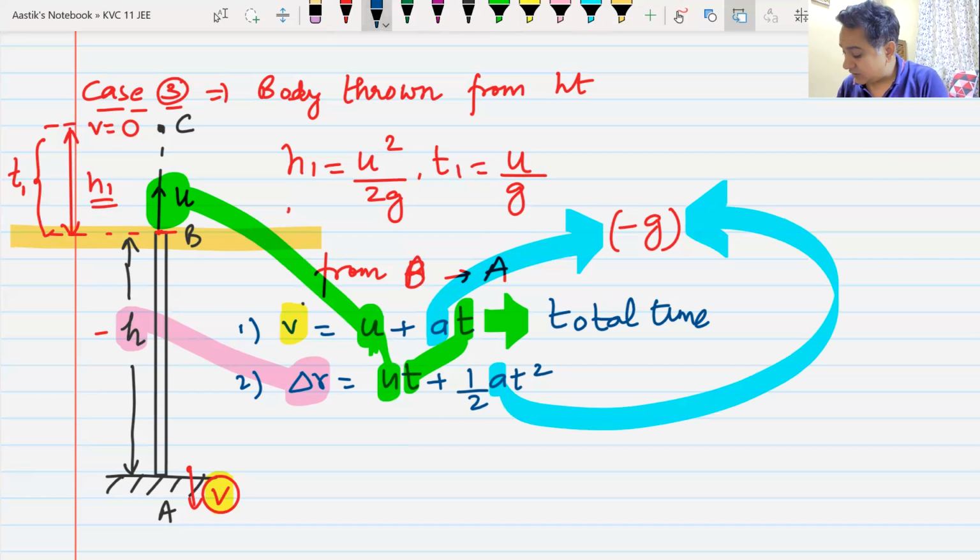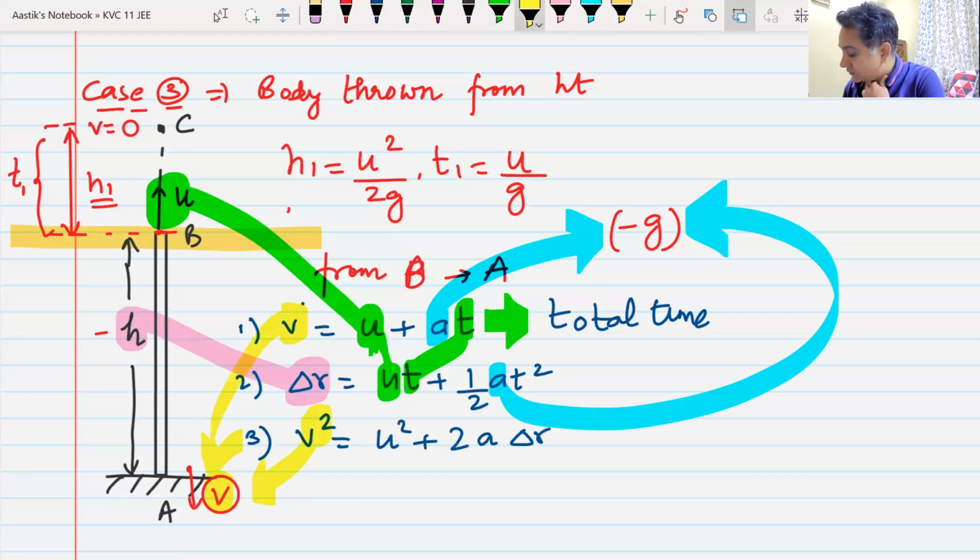You can also use the third equation, my dear friends, if you want. V square is equal to U square plus 2 times A into delta R. Now I've told you so many times what is what. This is this, which is equal to this.